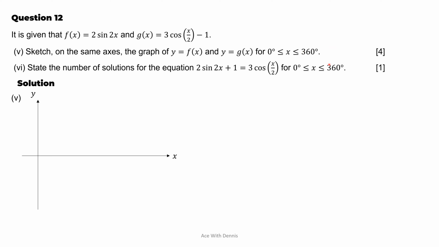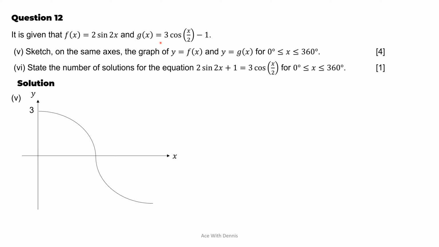The range is from 0 to 360. As we have calculated previously, the period for cosine x over 2 is 720. So if you want to sketch the graph from 0 to 360, I would expect that I'll get half of the graph of cosine x. And it looks like this.